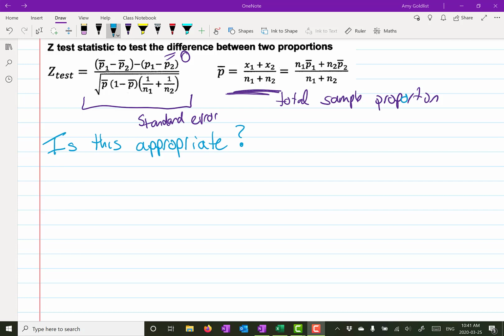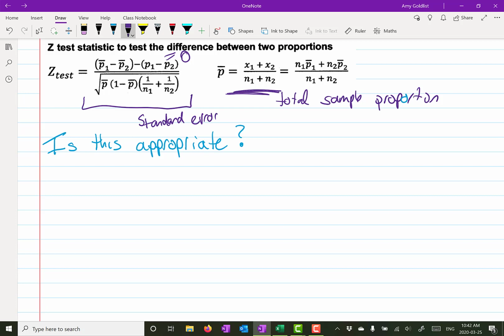One thing you should be asking yourself every time you see a new hypothesis test is, is this appropriate? Can I do it? Are the assumptions met? We really need the conditions that mean that we can use the central limit theorem to show that the binomial distribution is approximately the normal.